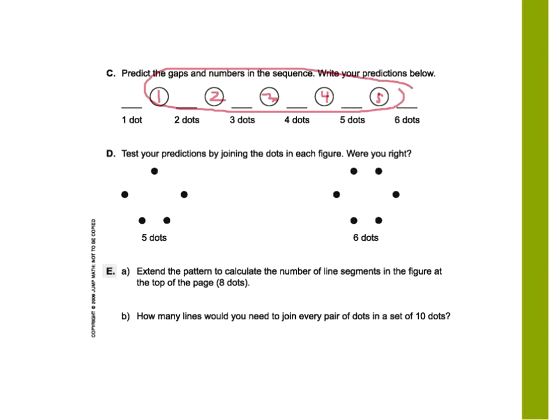Now, it's not enough in math to just look for a pattern, because sometimes patterns break down. They don't continue forever. So you might think, why does it always increase by 1? Well, that's a great investigation for kids. Look what happens when you put 3 dots down. Well, you could take the old thing you looked at, the 2 dots, and there was only 1 line there.